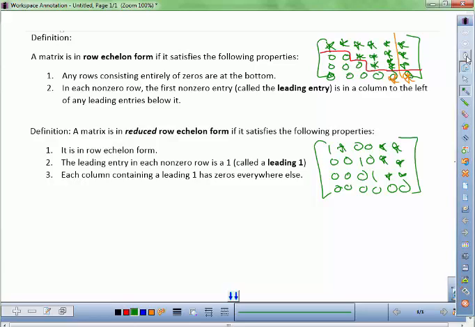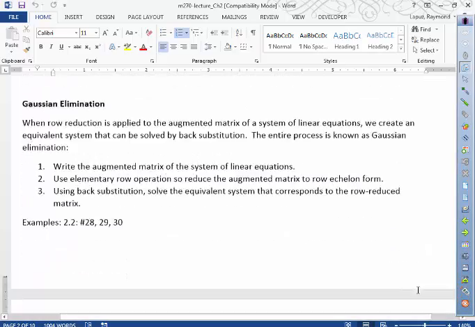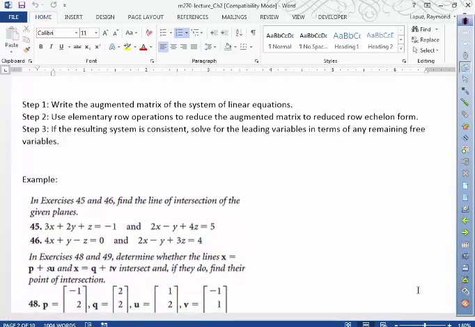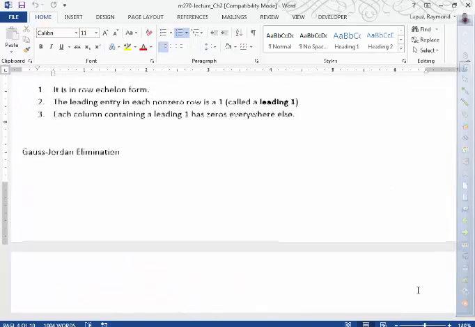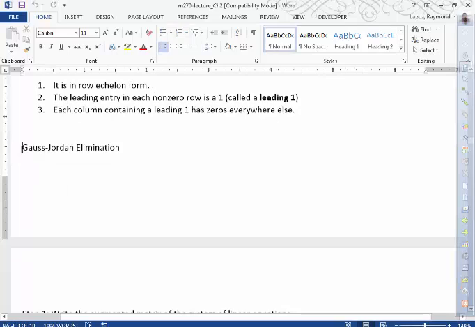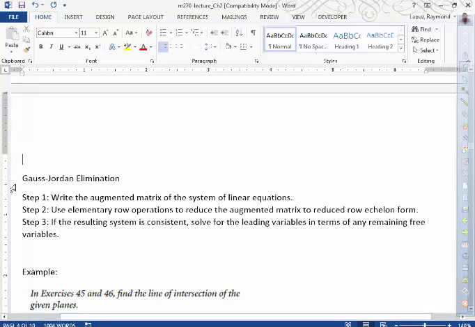You basically row reduce like we've done before, and then you just make sure that you divide out the leading terms so that you have a leading term of 1 for each row. And using this to solve a system of linear equations is called Gauss-Jordan Elimination.